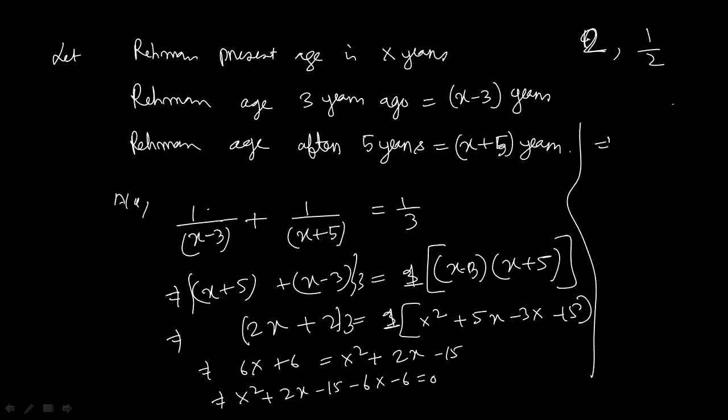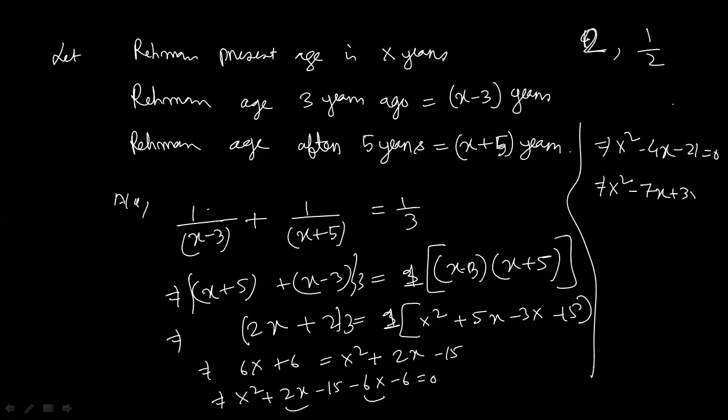That will be x square, 2x minus 6x, so it will be minus 4x, then minus 21 equal to 0. Now we need 21 minus 21, so it will be x square minus 7x plus 3x.